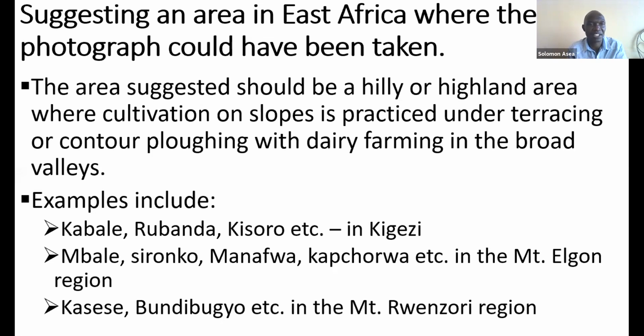Examples include sections of Kabale and Kisoro, that is in the Kigezi region. In the Kigezi region, we have those areas.